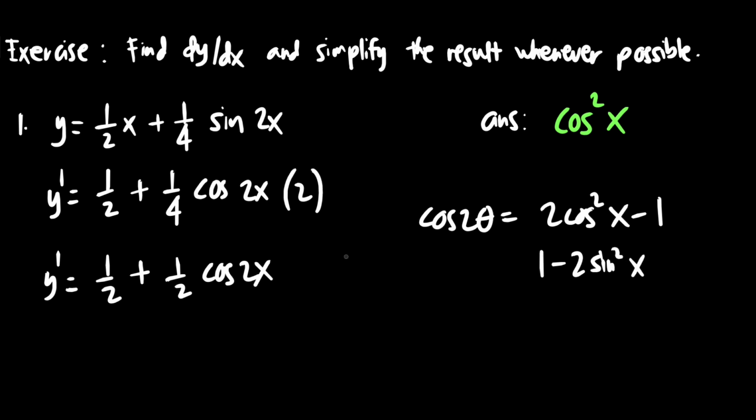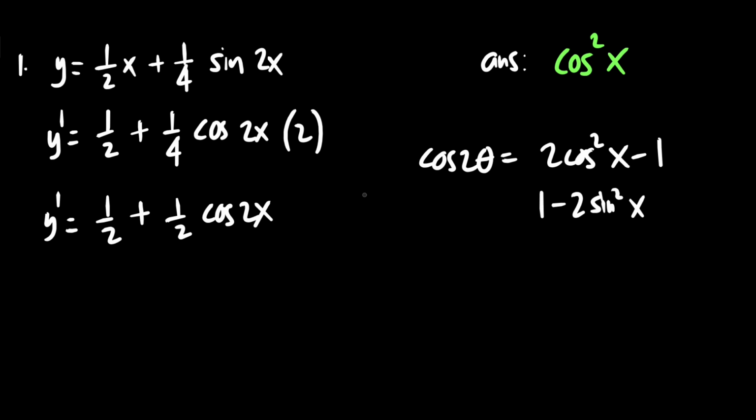This is the Pythagorean identity. So we'll use 2 cosine squared x minus 1. We'll just choose one of the identities to substitute.